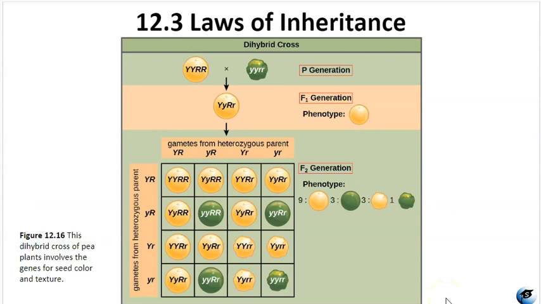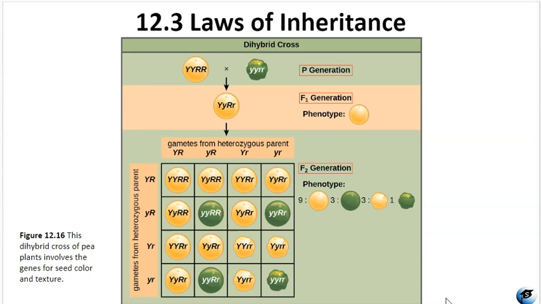According to Mendel's law of independent assortment, genes do not influence each other when it comes to sorting of alleles into gametes. Every possible combination of alleles for each gene has an equal chance of occurring. So we can understand independent assortment through a dihybrid cross, which involves two true breeding parents with different traits for two characteristics. For example, look at pea plants with green wrinkled seeds and yellow round seeds.